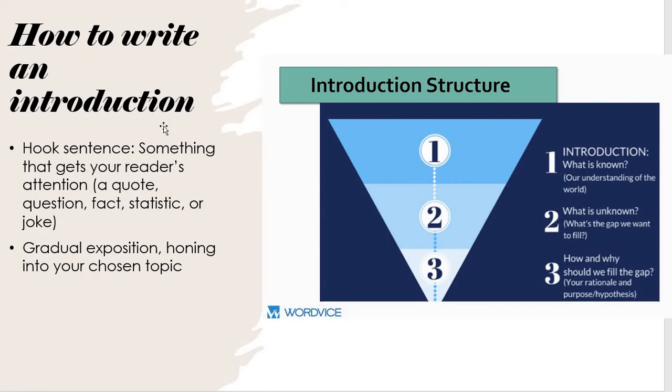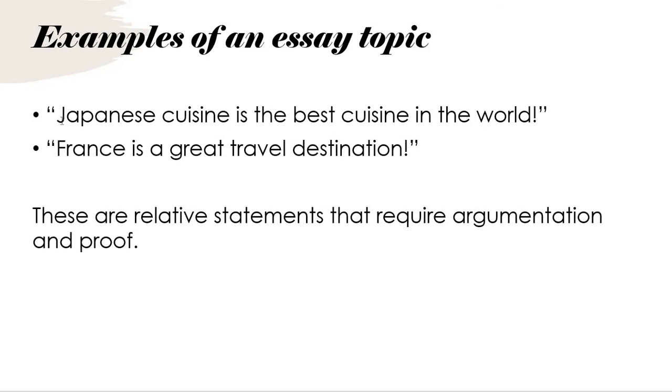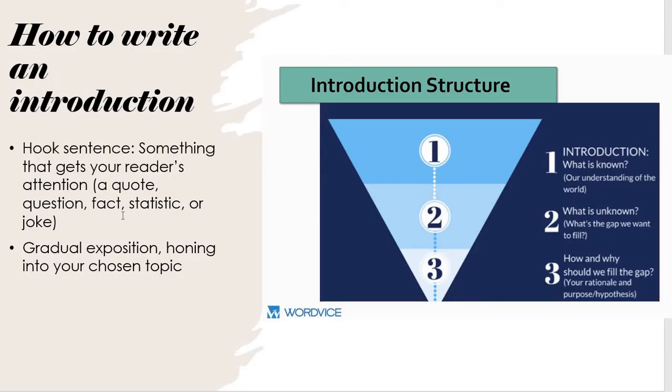So for example, if you want to be speaking about Japanese cuisine being the best cuisine in the world, first, after your hook sentence, you may speak about how food is an important part of everyone's life, and then you might speak again, more specific, about how there are different kinds of foods in different cultures, and then you get more and more specific, and you might ask, which culture has the greatest cuisine? Okay, a mixture of good health, good taste, and originality, for example.